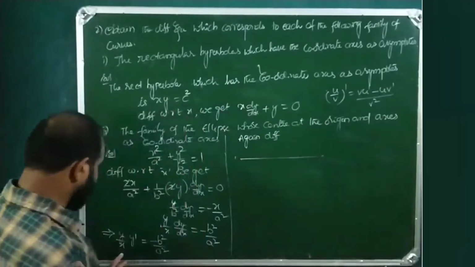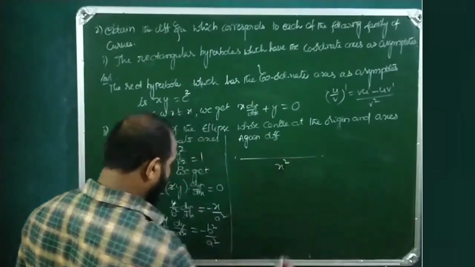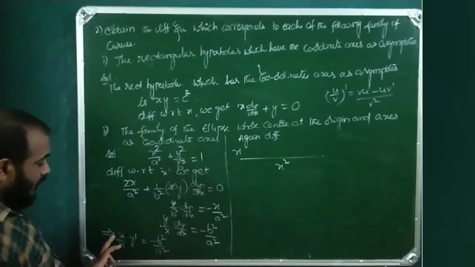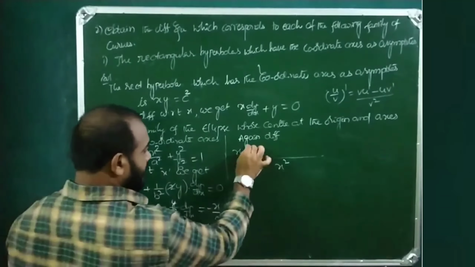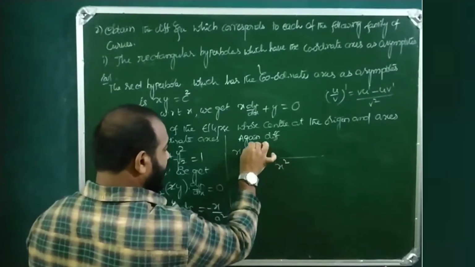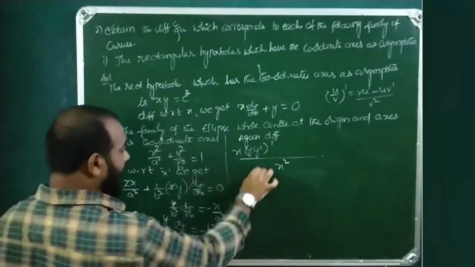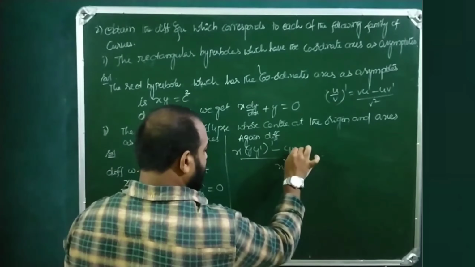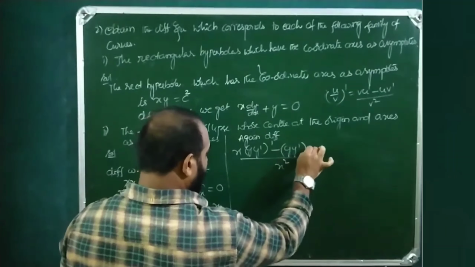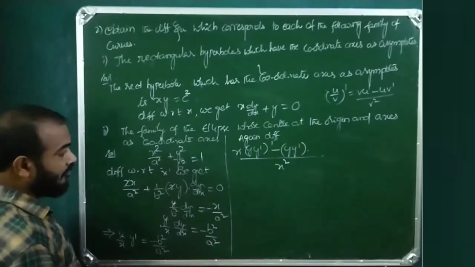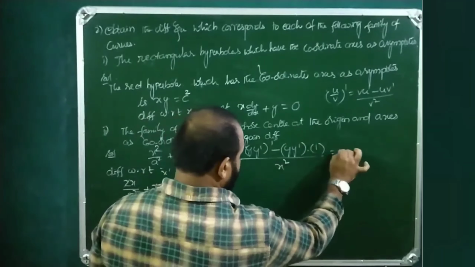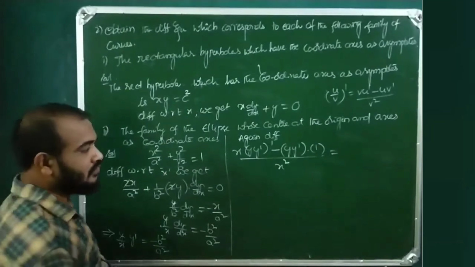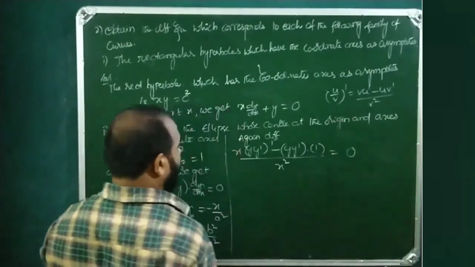So likewise this is x square into x into y dash whole dash minus y dash into d by dx of x, equals the derivative of minus b square by a square, which is a constant, so the derivative of that is 0.